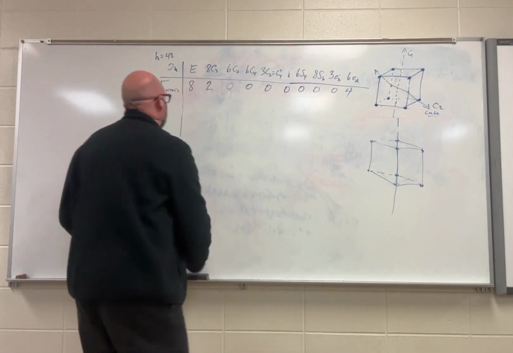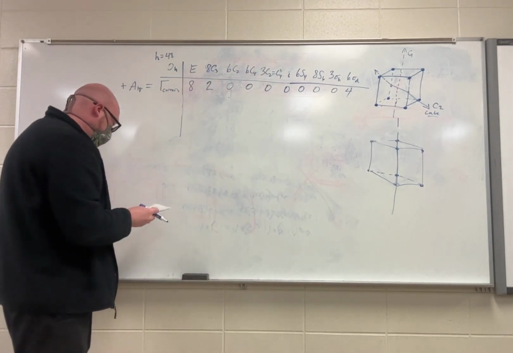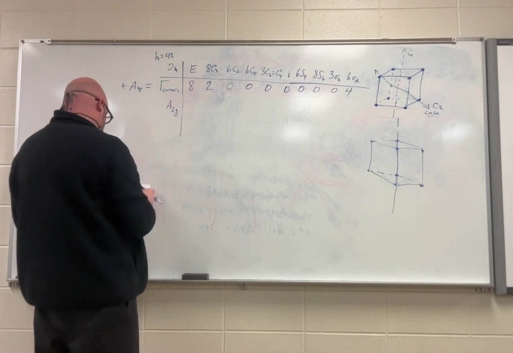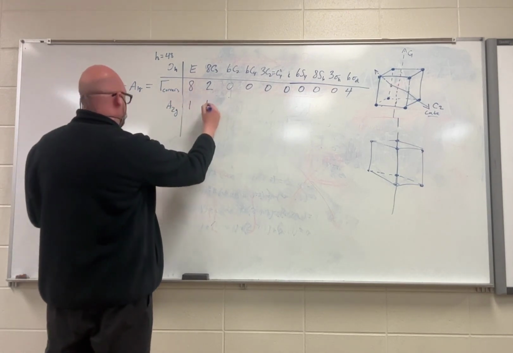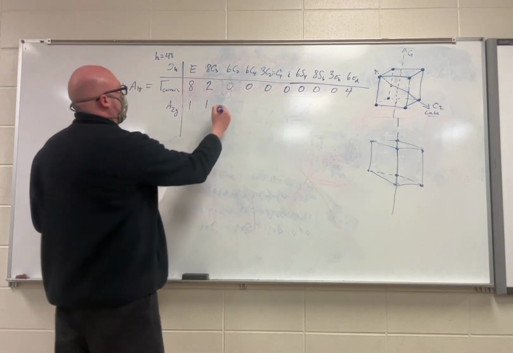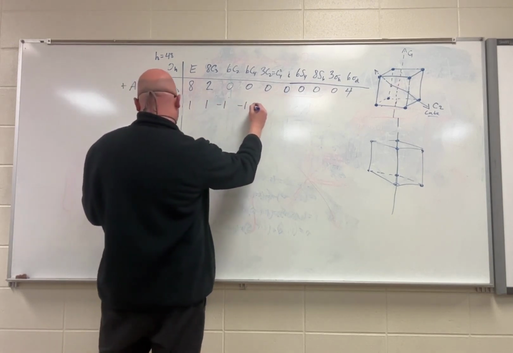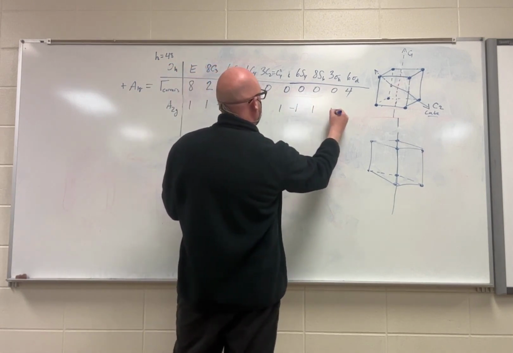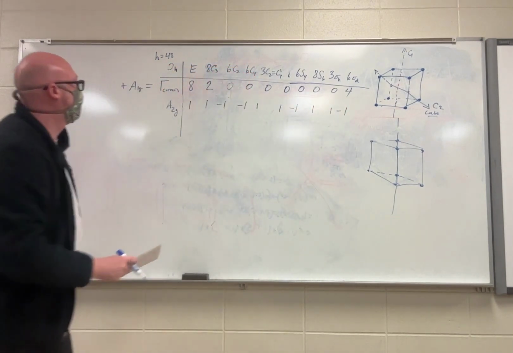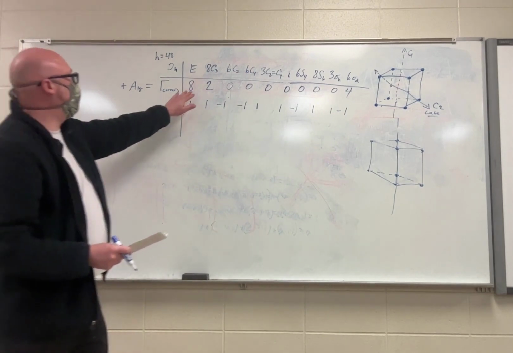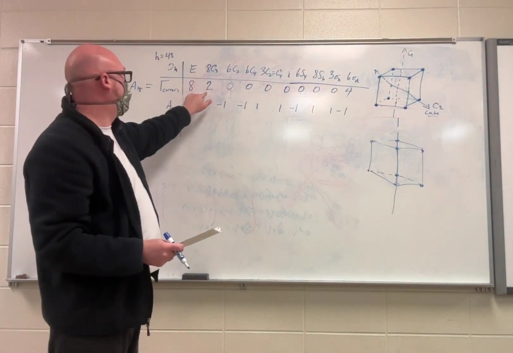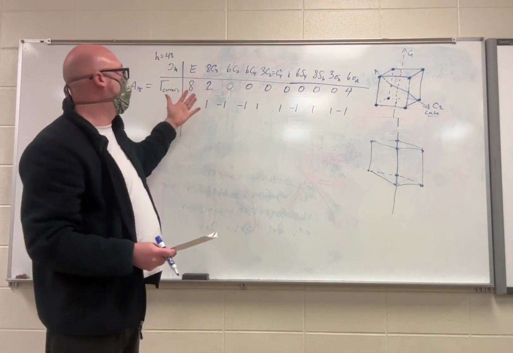So then we just go down the list. A2G, we have the characters 1, 1, minus 1, minus 1, 1, 1, minus 1, 1, 1, minus 1. Now really, the only classes we're concerned with are the non-zero values for the reducible representation.